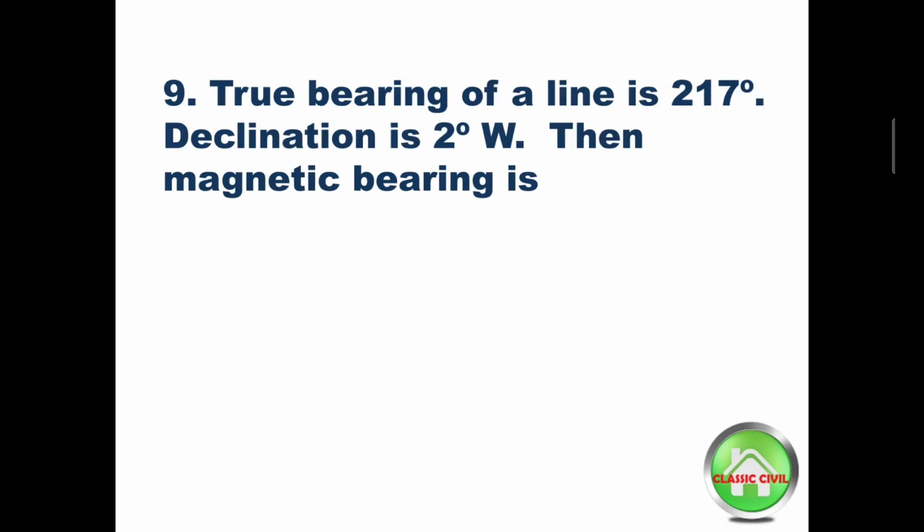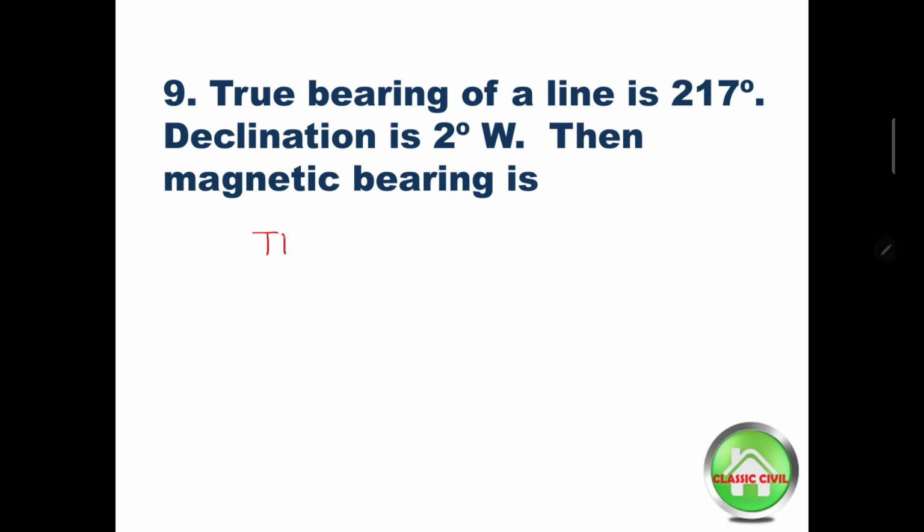Question number 9. True bearing of a line is 217 degree. Declination is 2 degree west. Then magnetic bearing is.